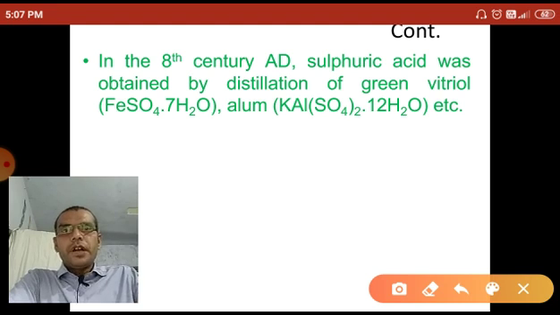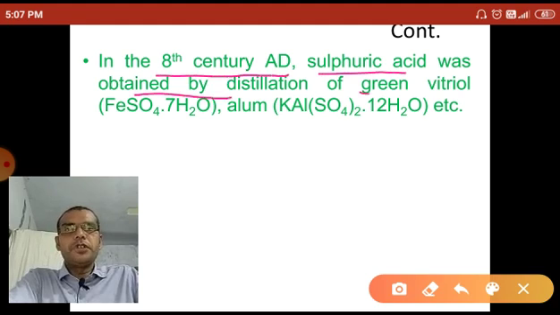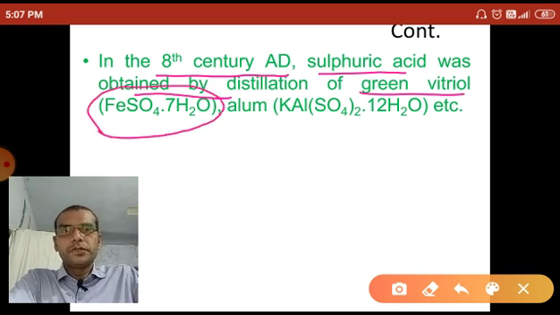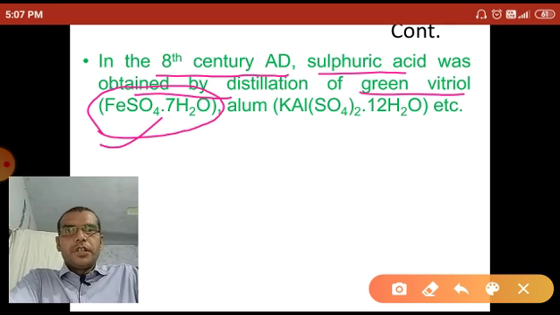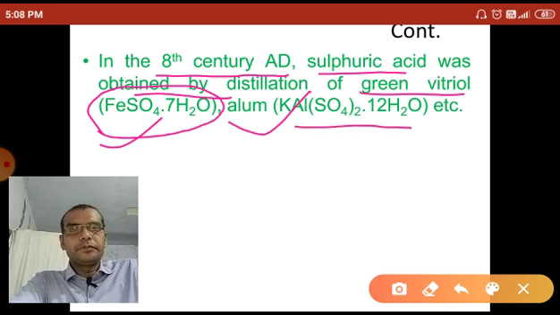Now in the 8th century AD, sulfuric acid was obtained by distillation of green vitriol. The formula of green vitriol is FeSO4.7H2O. Its appearance is green, so it's called green vitriol. And by the distillation of alum, K2SO4.Al2(SO4)3.24H2O, that is the formula of alum.